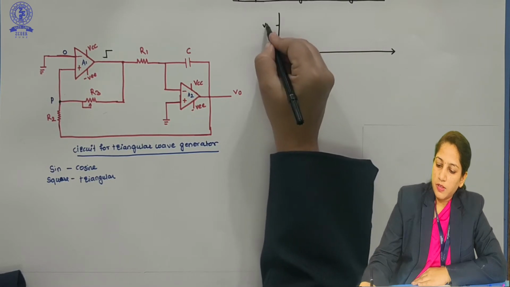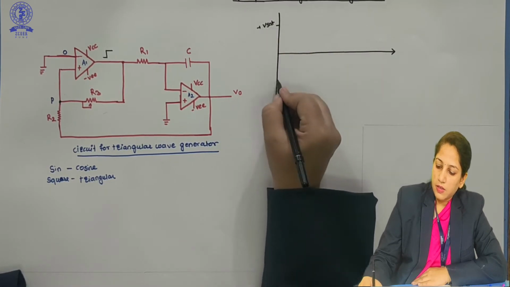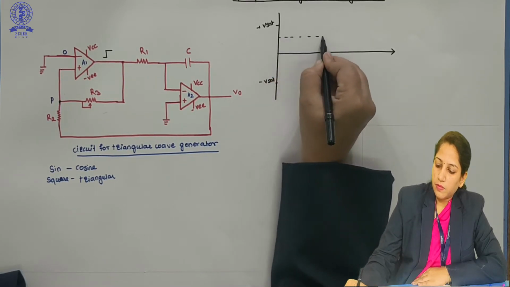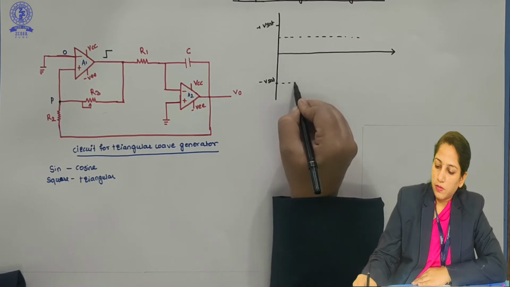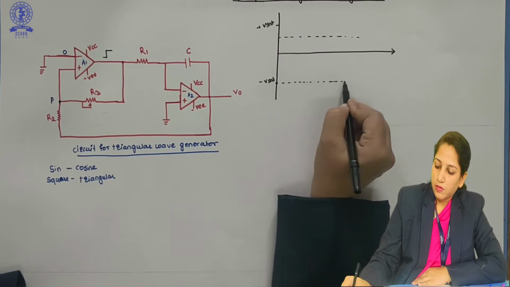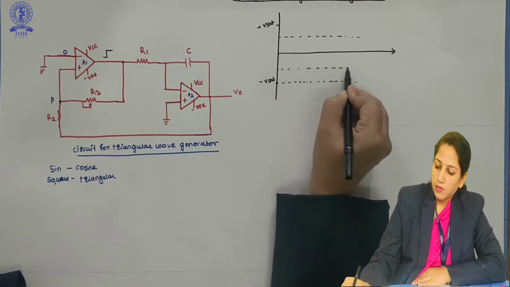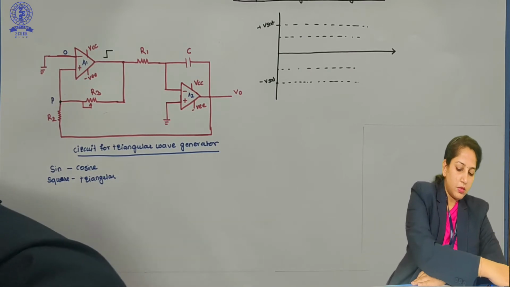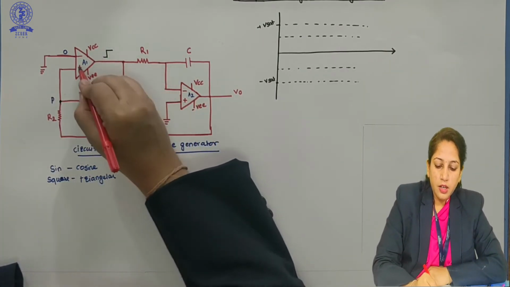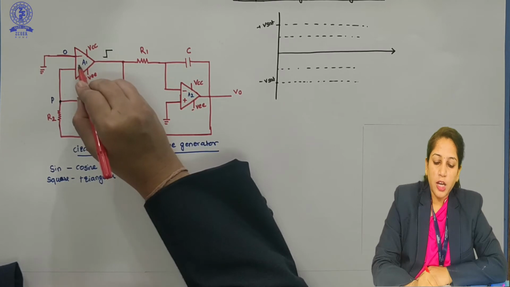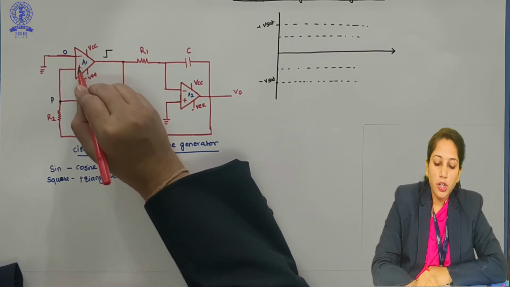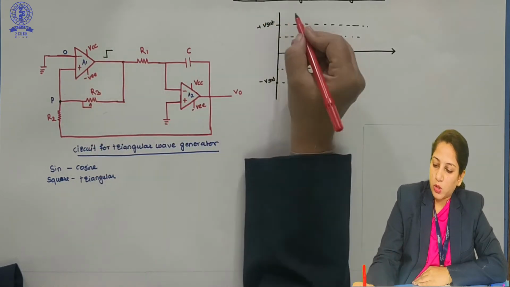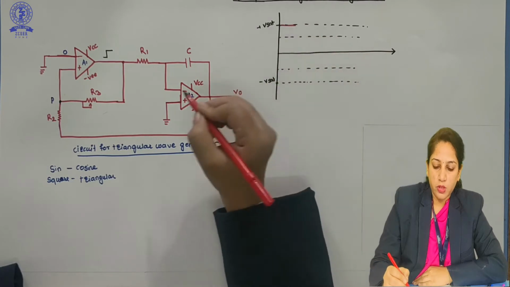So this is plus V saturation and this is minus V saturation. Now consider that when the voltage on the non-inverting terminal of this comparator is more than the inverting terminal, then the output will be in positive saturation.